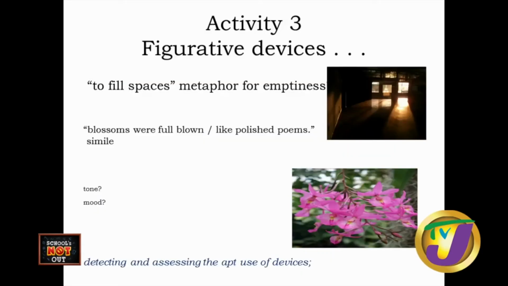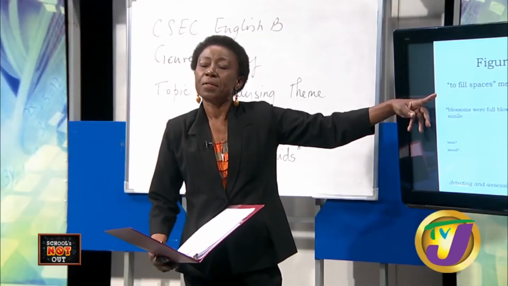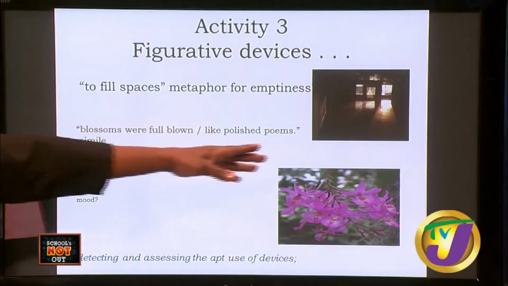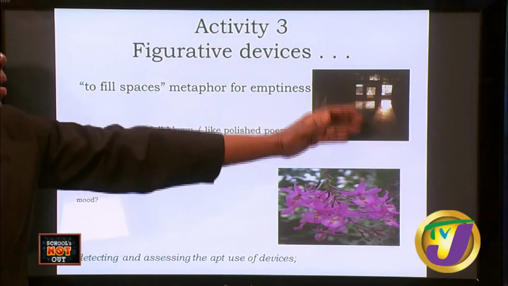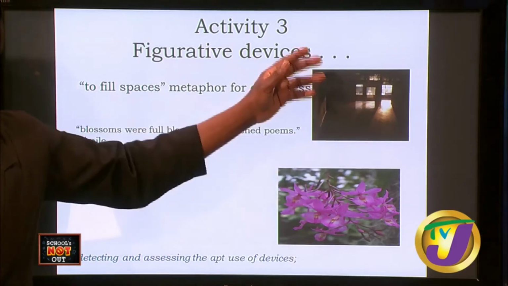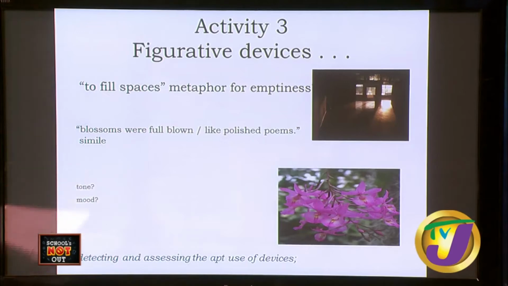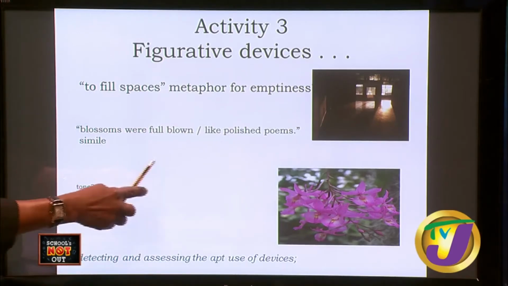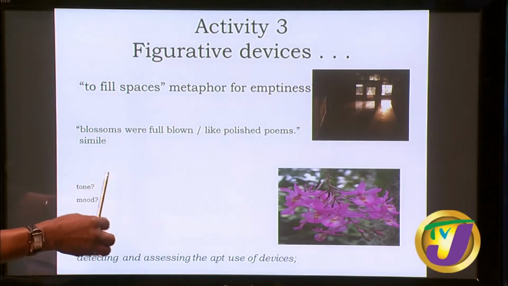Now, we looked at the filling of spaces, a metaphor for emptiness. I am empty. I would like to be filled. The blossoms were full blown like polished poems. We saw that was a simile.